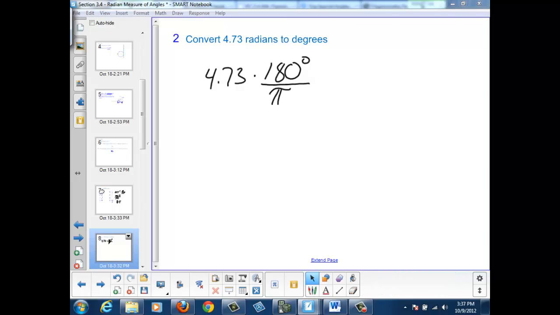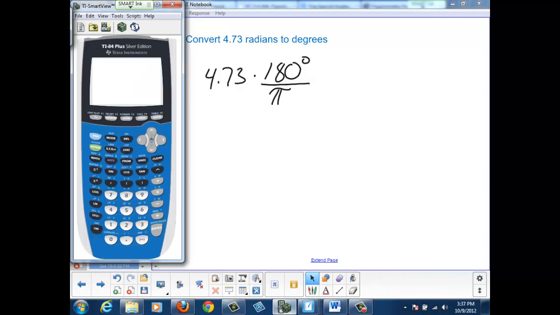So I pull out my trusty calculator, and I take 4.73 times 180, and then I divide by pi. And I get 271 degrees.